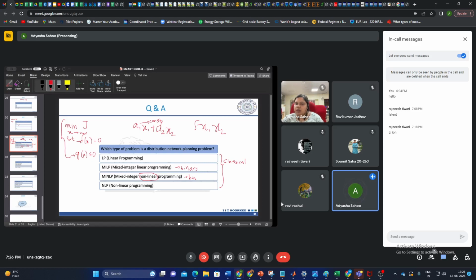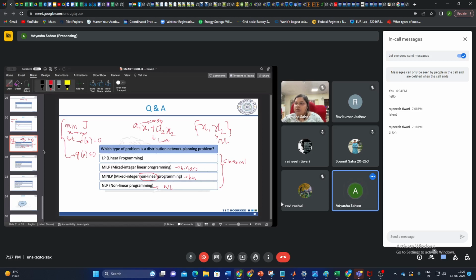So these are non-linear expressions and these are linear ones. So when we say MINLP, these expressions are non-linear and we also have binary variables in that problem. Then non-linear programming: we have non-linear expressions but we don't have binaries.